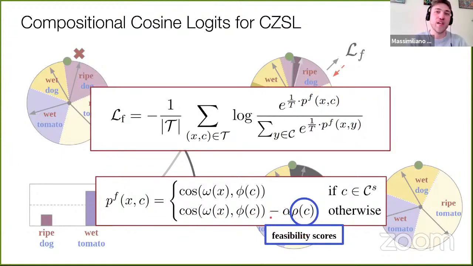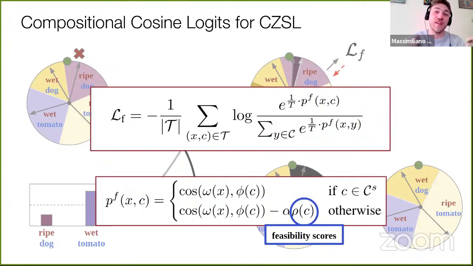We have a minus sign because what we would like to obtain is that if a composition is unfeasible, its score should be higher, in such a way that when we train the network with the cross entropy loss, the network tends to reject this composition. It's unfeasible, we want it to not be predicted, so we raise its score and it is more penalized by the loss function.